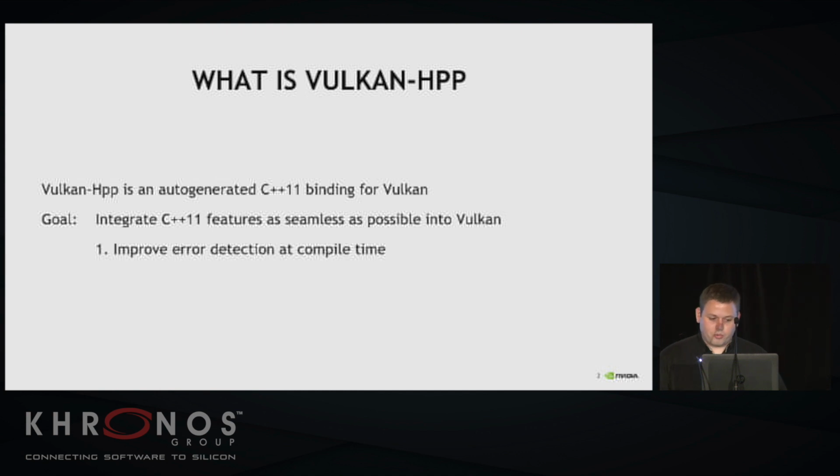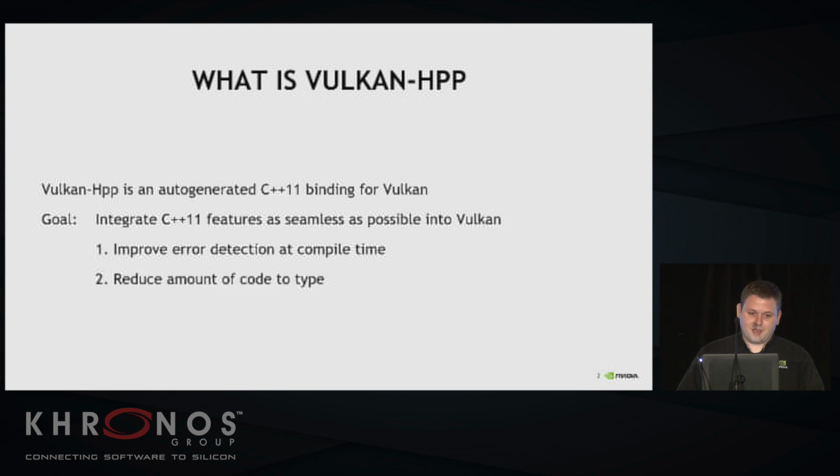We wanted to improve the error detection at compile time, which was quite a big issue. We had developed our first samples without having any validation layers, and we were missing things. We want to reduce the amount of code you have to type. Vulkan is very verbose. You have to repeat yourself a lot. You have to initialize a lot of fields and structs. You don't have constructors.